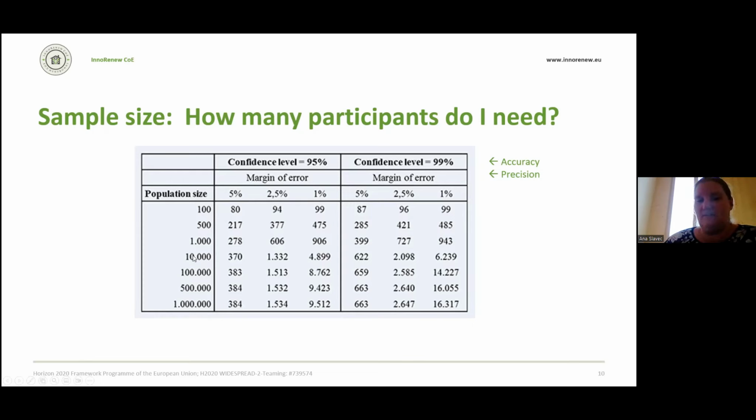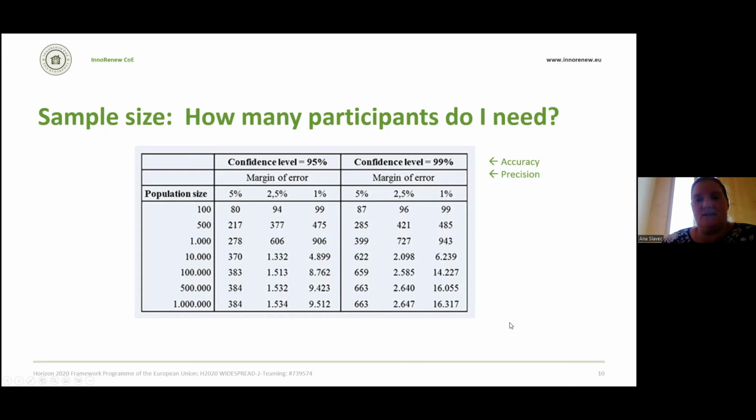But at a certain point, when you come to 10,000, you see that increasing the population size, the recommended sample size doesn't increase. So after you reach a certain level, the accuracy of a survey doesn't increase anymore with a larger size. So it's more a question about your confidence level, and so the accuracy and precision.